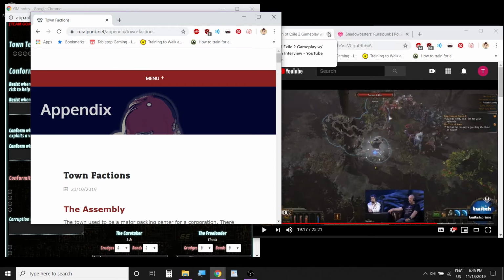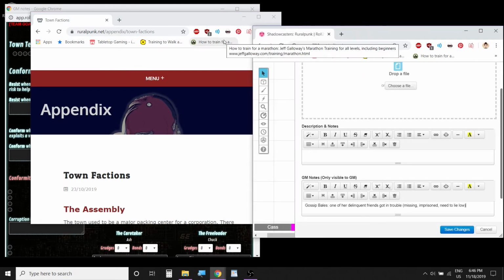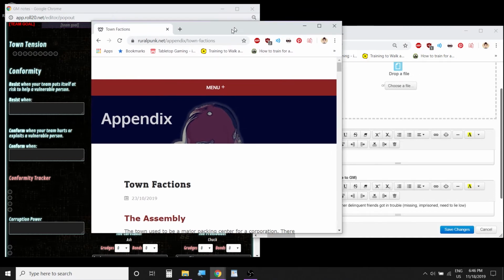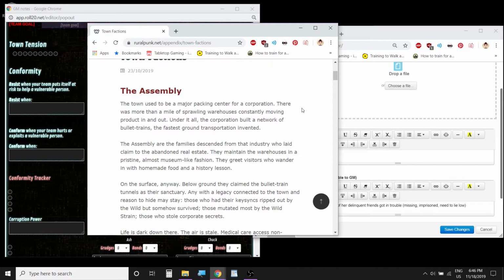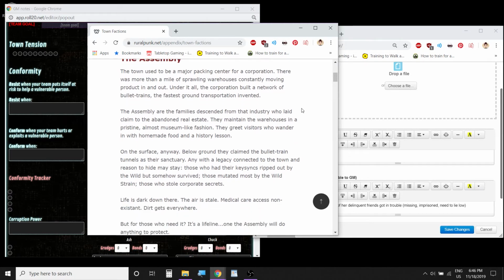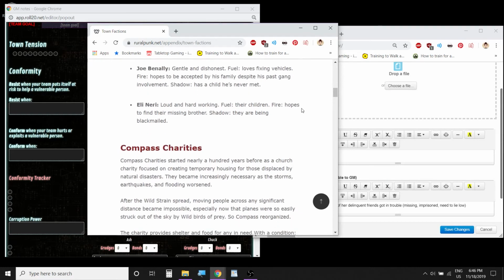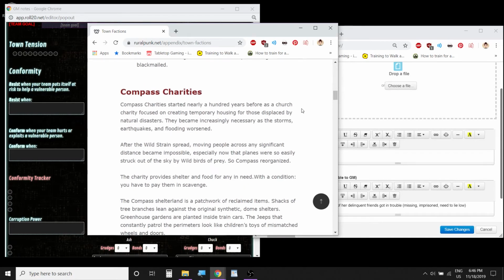And so if we think about Bales is friends with someone who's in trouble. Now, this could be someone who is kind of stereotypically someone you don't want to know. There's 2 gang factions they could belong to. Or someone that's like an outsider in town, so it could be one of the military factions.